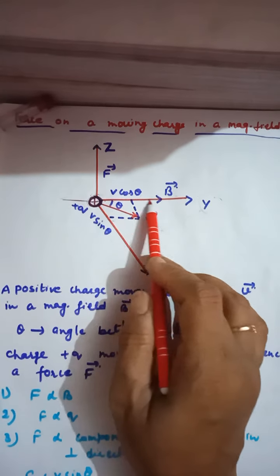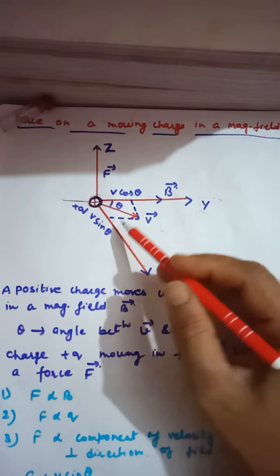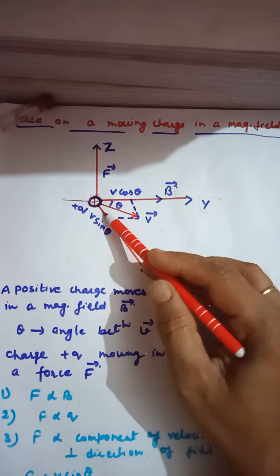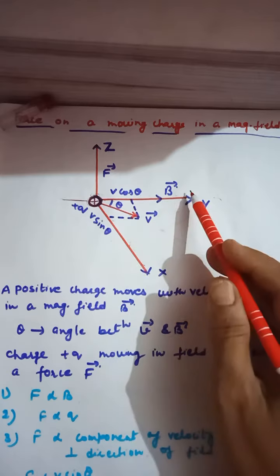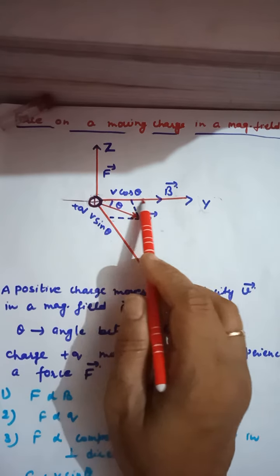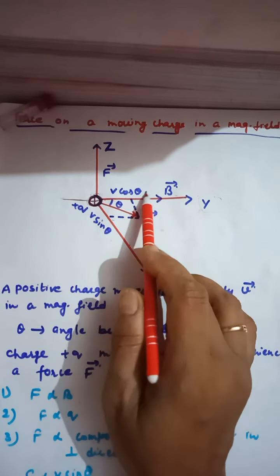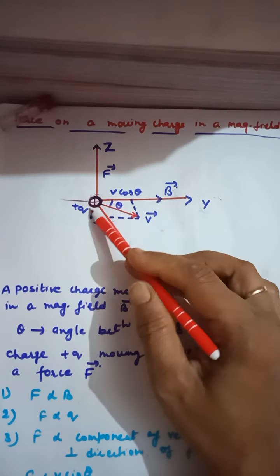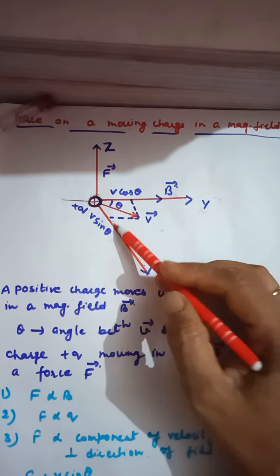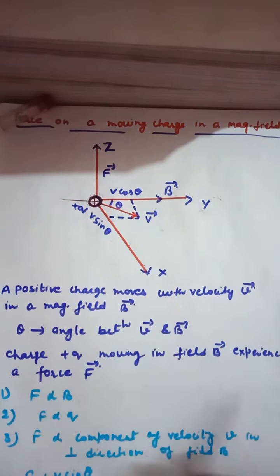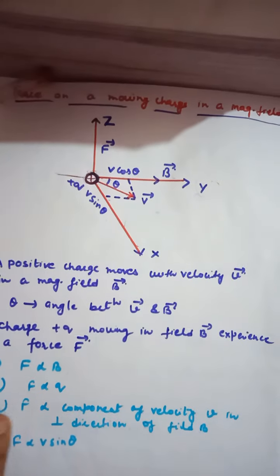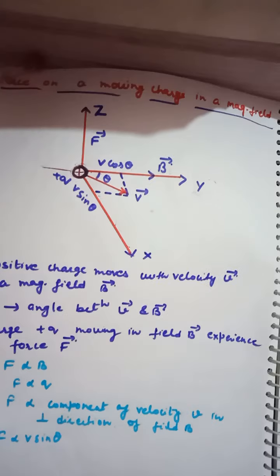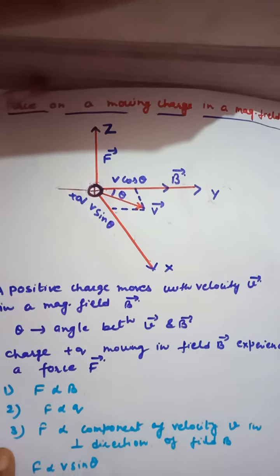Because the magnetic field lies along the y axis, the velocity component v sin theta acts perpendicular to the magnetic field, and v cos theta acts along the direction of B. So we will not take that component, since it only contributes to the motion of the charged particle along the field. The perpendicular component is v sin theta.